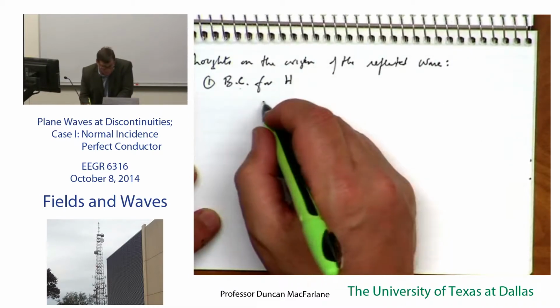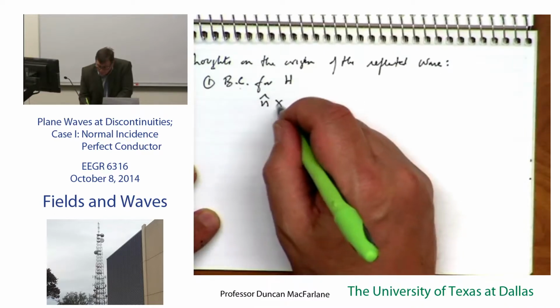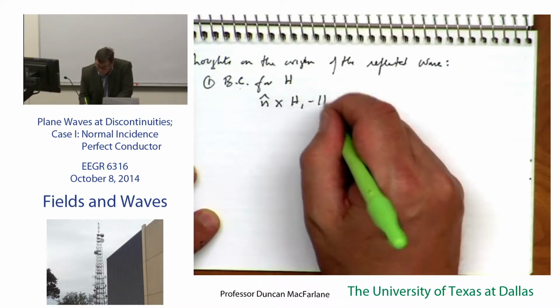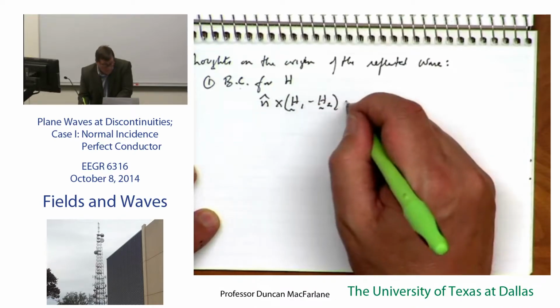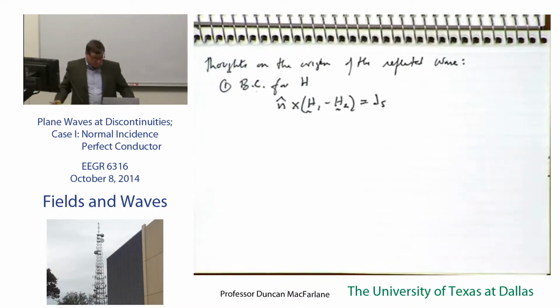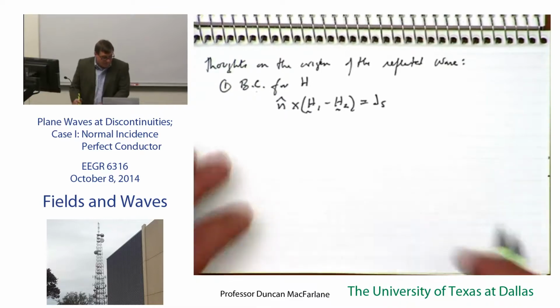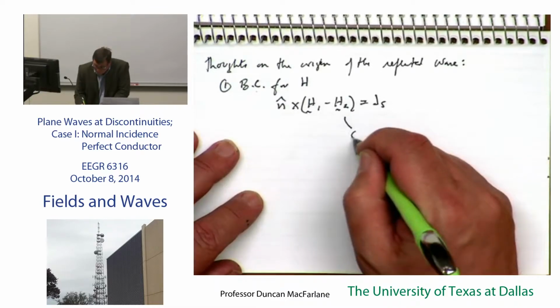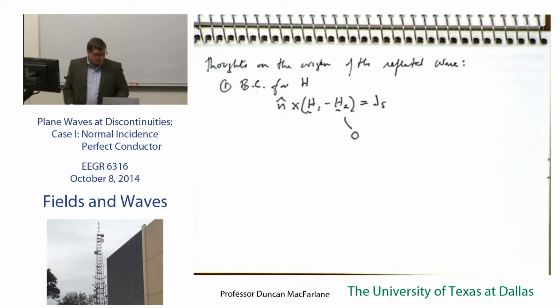And that boundary condition for H goes with the surface current. H2 is equal to 0. Superconductor, no fields, no charge, no moving charge, no electric field, no magnetic field.